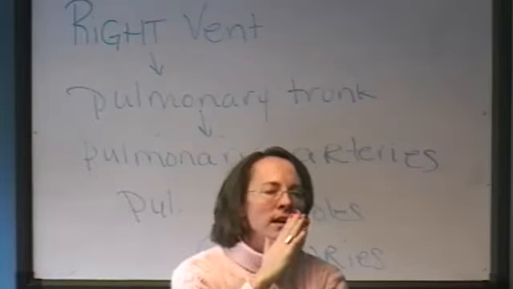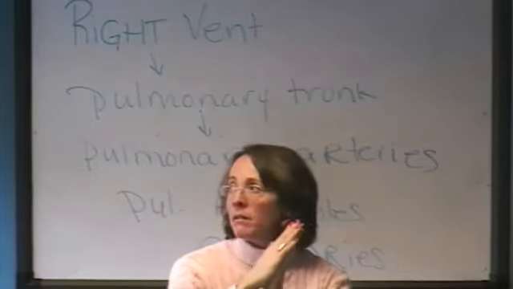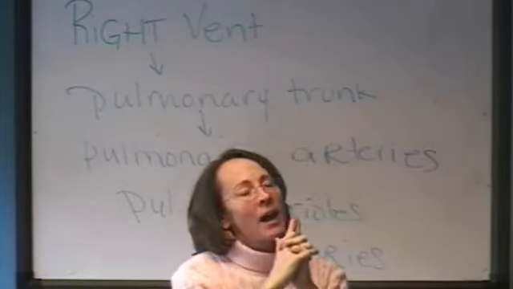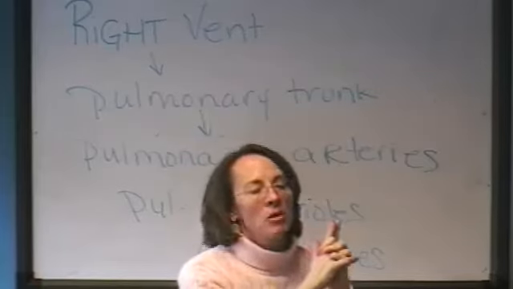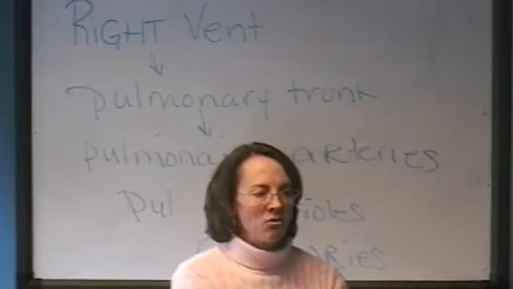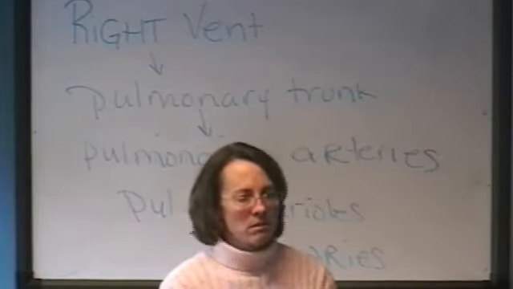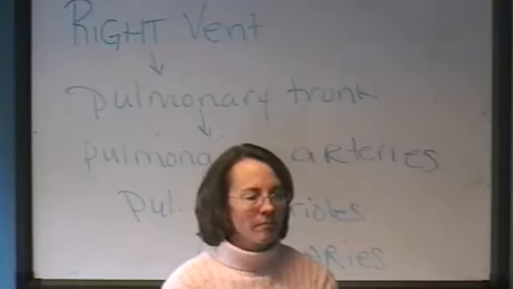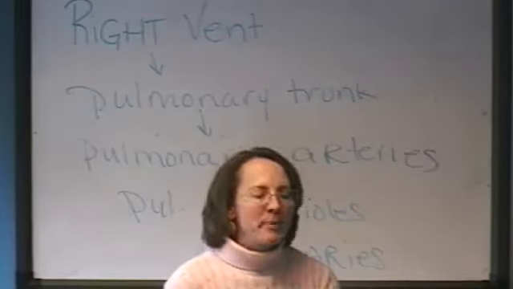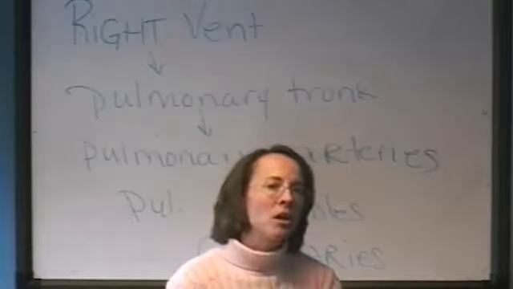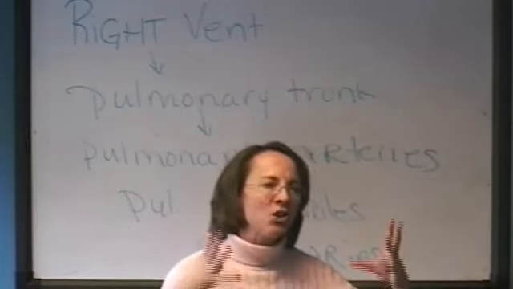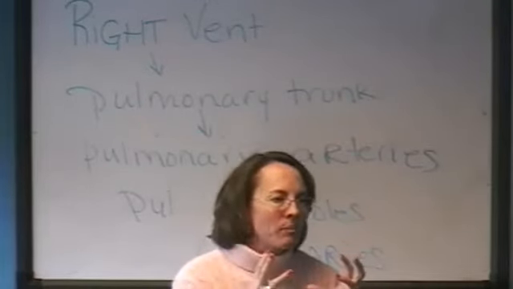Now just think for a minute before we go on. Do we want the pressure to be higher in the intrapulmonary space or the intrapleural space? Absolutely, intrapulmonary. Once again, your lungs want to collapse.